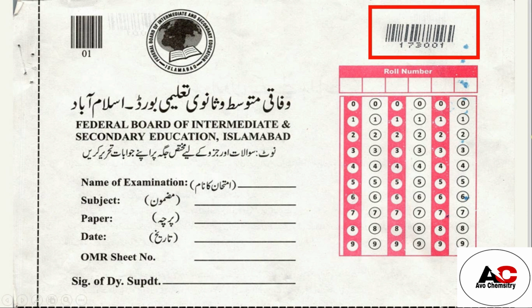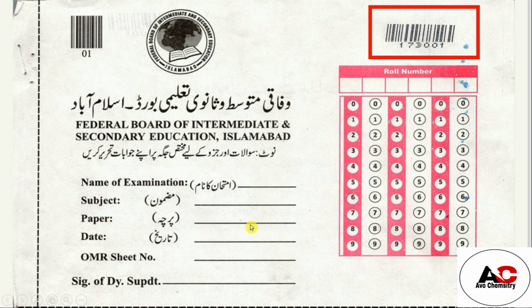और उसके बाद आपने उसी तरह से रोल नंबर इन बॉक्सेस में लिखना है एंड देन बबल्स को फिल करना है. एंड इस सेक्शन में आप आए तो आपने यहाँ पे नेम ऑफ एग्जामिनेशन में लिखना है. अगर आप SSC 1 का दे रहे हैं तो आपने लिखना है SSC 1 एनुअल एग्जामिनेशन. सब्जेक्ट, जिस सब्जेक्ट का भी पेपर होगा, पेपर 1 और पेपर 2.